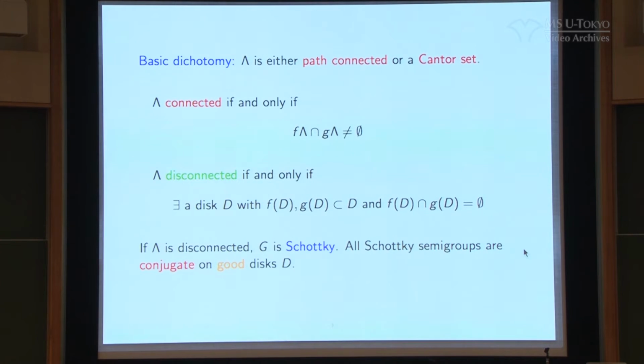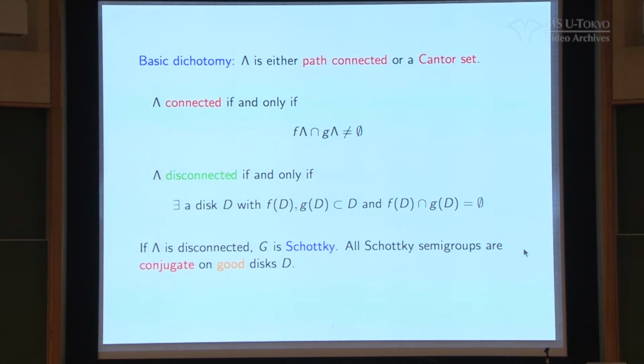It's only there to certify that the set lambda is disconnected. And by the usual ping-pong argument, you can see that when you have a good disk, the images are disjoint, and the images of images are disjoint further and further. These things are uniformly contracting. You can see at the end you're going to be left with a Cantor set. So if there's a good disk, the limit set is a Cantor set.